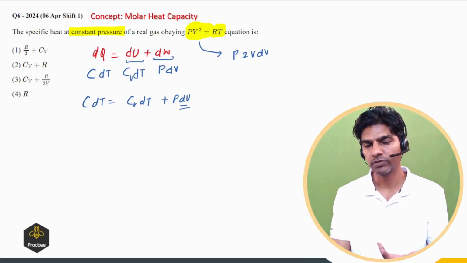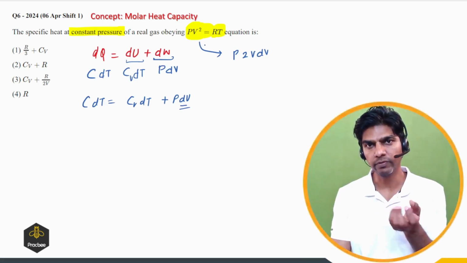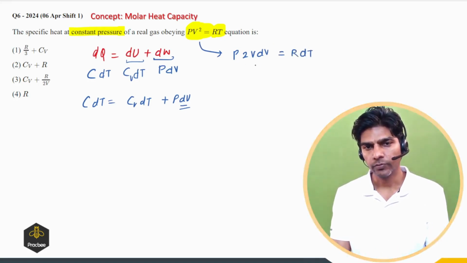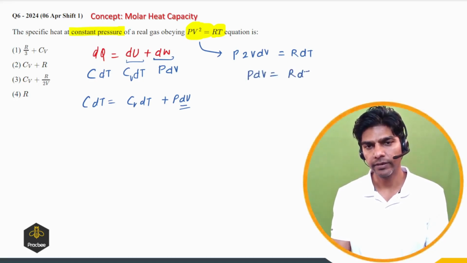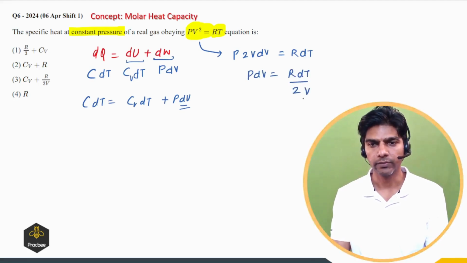But with respect to some other variable, it will be 2V dV by dT of that variable. So this can be written as R times dT. So from this we can say P dV can be written as R dT upon 2V.